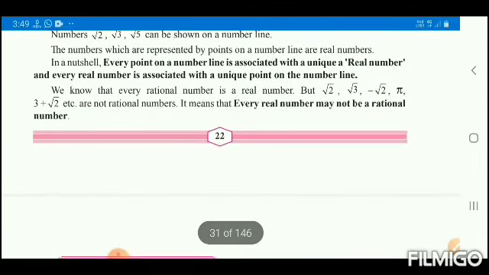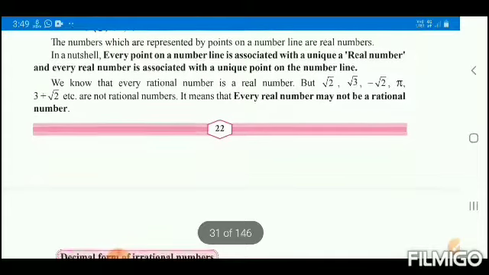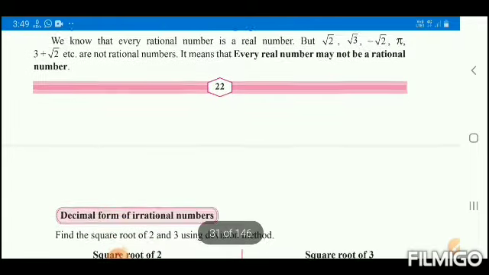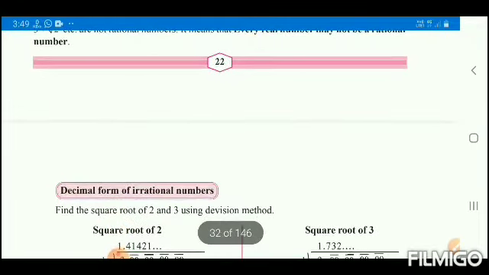We know that every rational number is a real number, but root 2, root 3, negative root 2, pi, 3 plus root 2, etc. are irrational numbers, are not rational numbers. It means that every real number may not be a rational number.